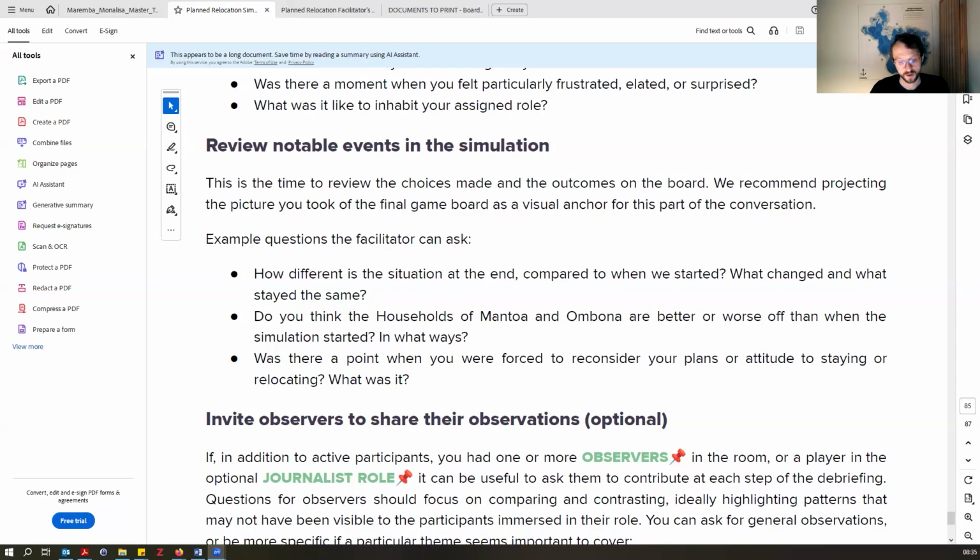Another thing that tends to happen quite a lot, and this is just a feature of the simulation as it was designed, is that in the way we've done it so far there's rarely any very definite moment where people collectively decide, okay, we're going to relocate all of these people from one place to the next.